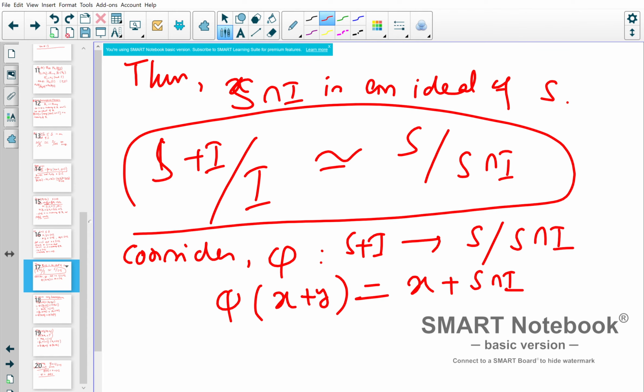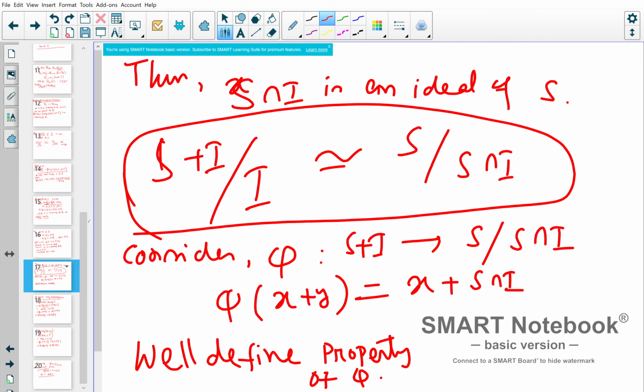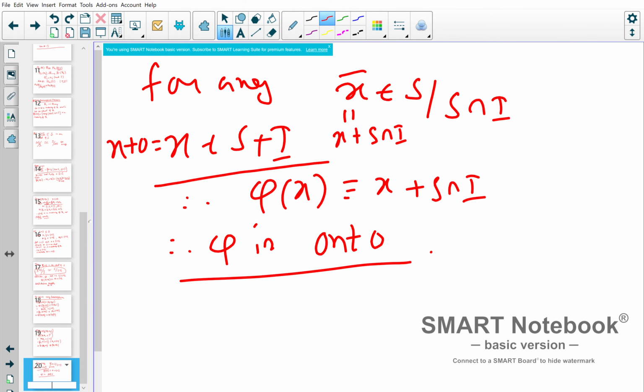The process is similar to whatever we have done in group theory, because rings are always groups with respect to addition, right? So the well-defined property actually comes from the group theory part. You can check it. So we also need to assume the well-defined property of phi. Okay, so after doing all those things, then this is done.